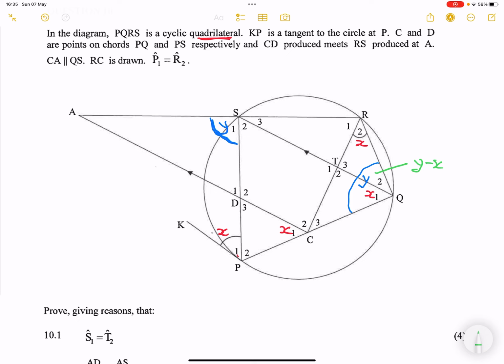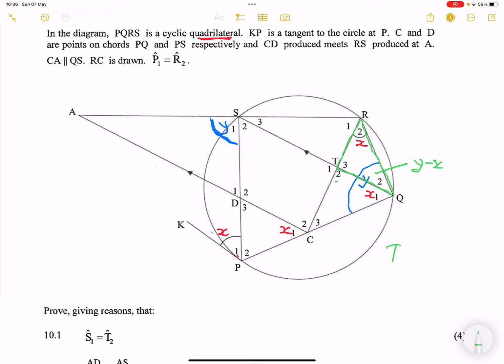Now, if I look at T2, it would be the exterior angle of this triangle here. Remember, the exterior angle is equal to the sum of the opposite interior angles.